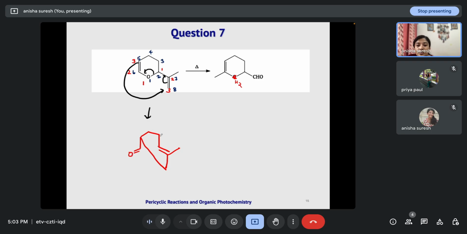So this is a 6-membered ring. So I will number this. This is 5, 4, 3, 2, 7, 8. Okay, and this is 6, 1.